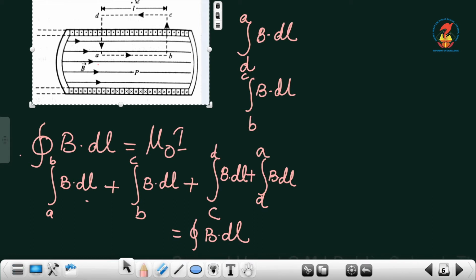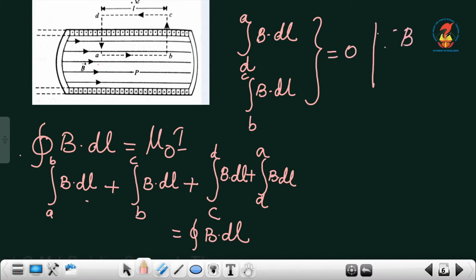So, B dl cos 90 is equal to 0. So, in both the cases the value is equal to 0. Why? Since B and dl are perpendicular, theta is equal to 90 degree.